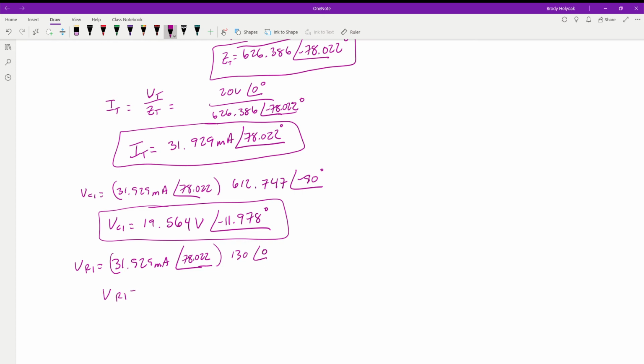Voltage of resistor 1 is equal to 4.151 volts at an angle of 78.022 degrees. And that is our answer. Again, remember, we could have a little bit of variation depending on how your calculator is set up to round. And again, as long as we're within 5 to 10%, everything is fine.